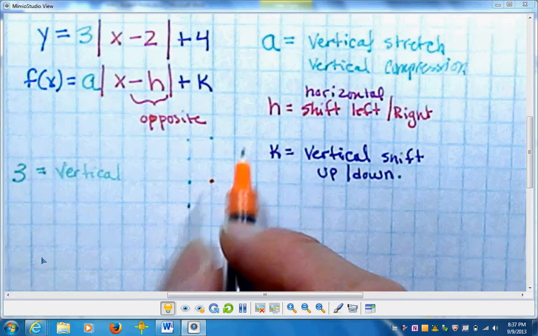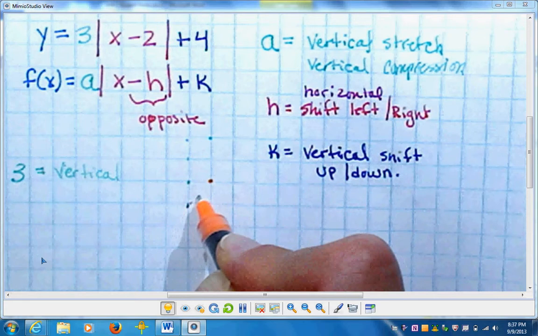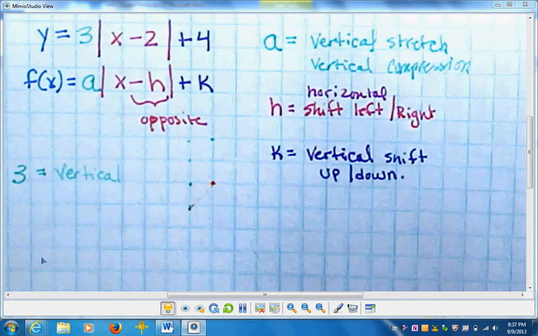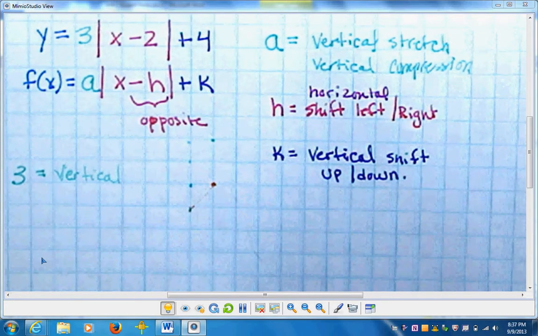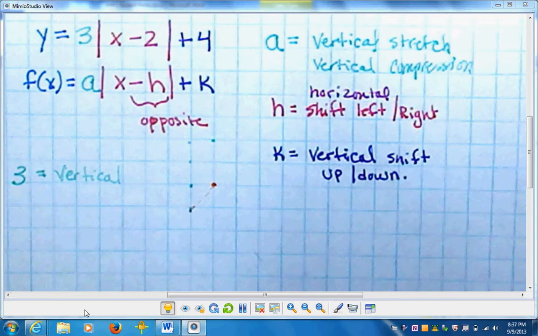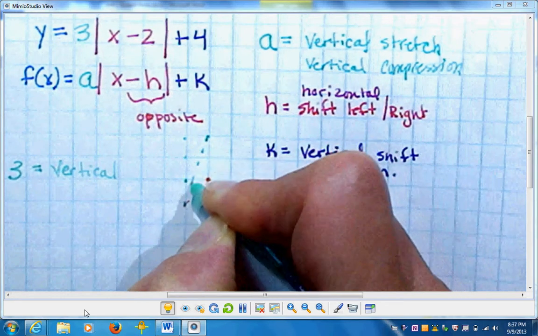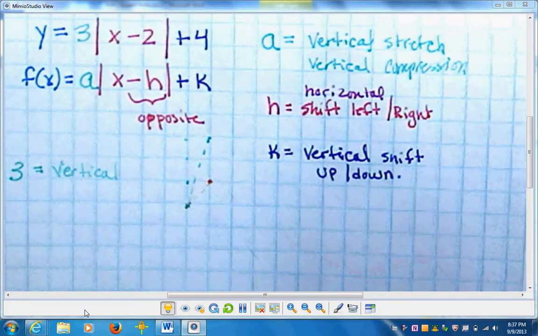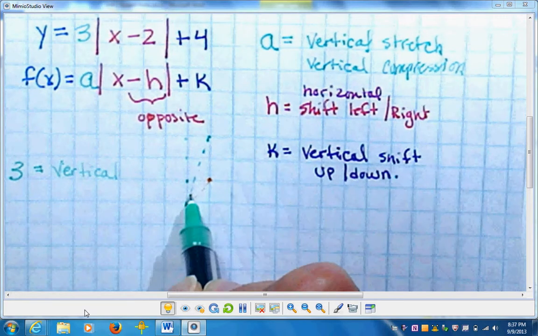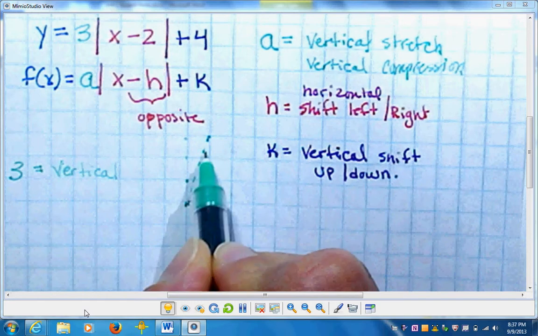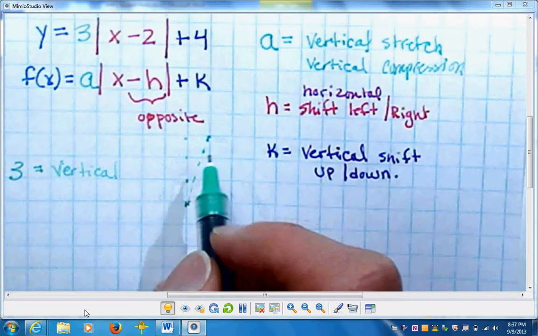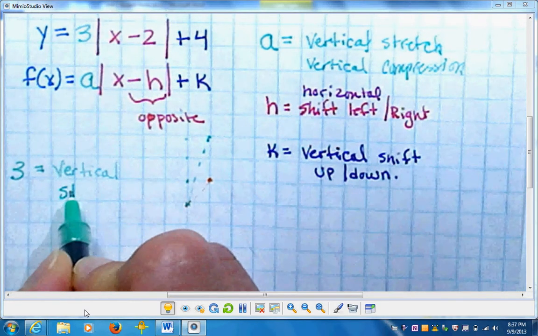So you can see how our parent function wants to take that kind of slope, but this function wants to take a much steeper slope. So that's a stretch because the side is being stretched up. So this is a vertical stretch.